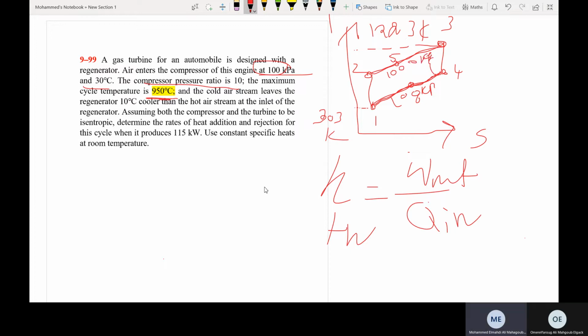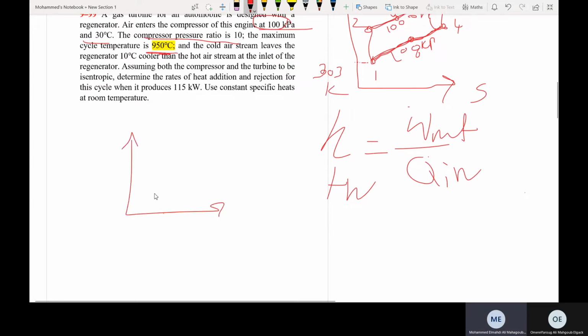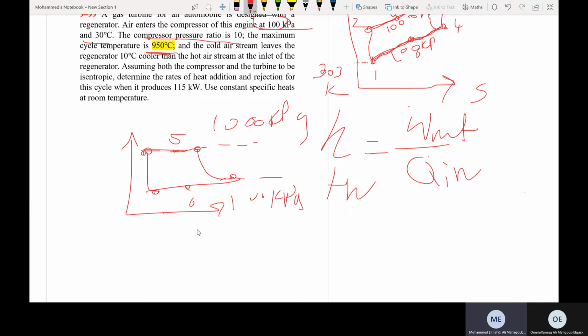If we do this in the PV diagram, something like this, something like this, and something like this, this is going to be point 6 and this is point 5. This pressure is 1000 kilopascals, and this pressure is 100 kilopascals. This is the V, this is the P.